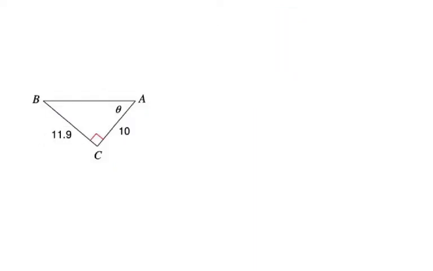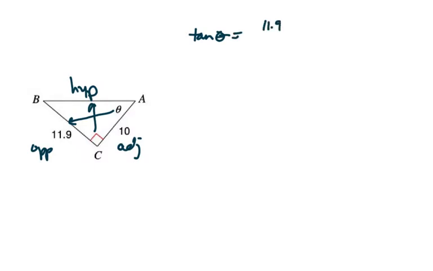All right, 2 more. Out of the angle, we have the opposite, we have the hypotenuse, we have the adjacent. So this one looks like another tangent one. Tan theta equals the opposite, 11.9, over the adjacent, which is 10. And we're going to use tan negative 1 to undo the tangent.